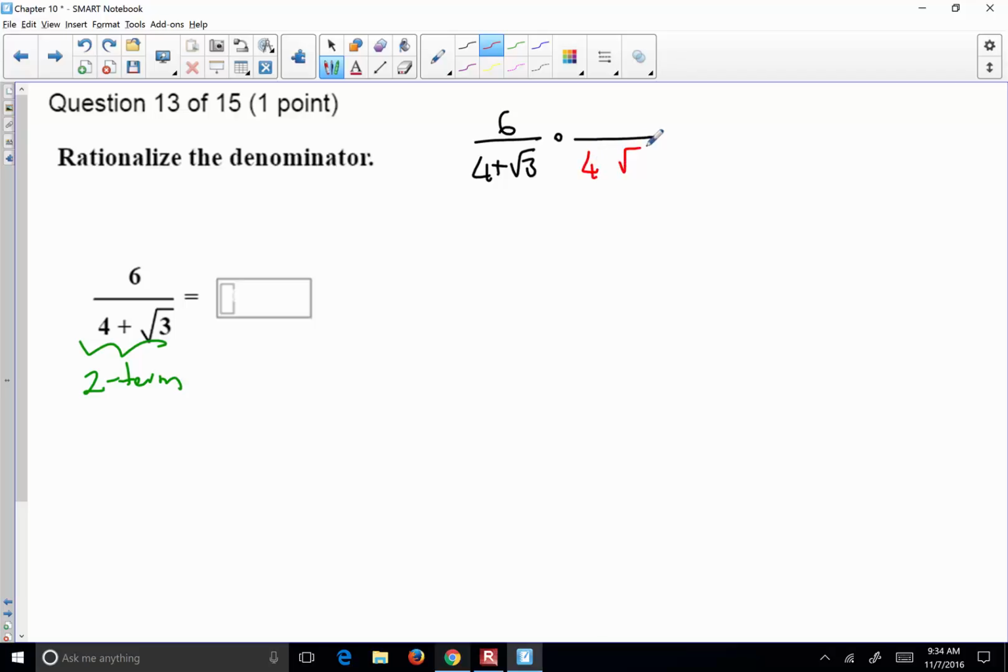4 root 3 with a minus. Please do use parentheses abundantly. There is no harm to put parentheses whenever you wish, okay? Alright, can we combine both sides? Like, just move these next to each other.